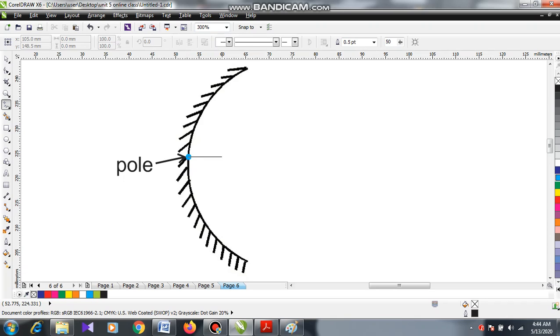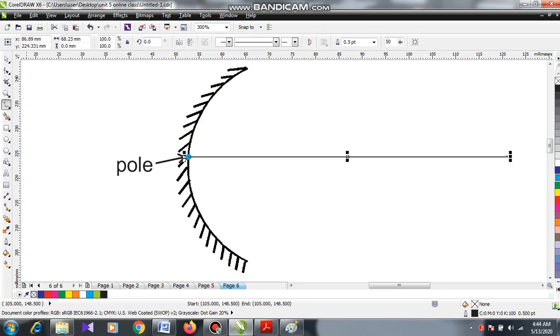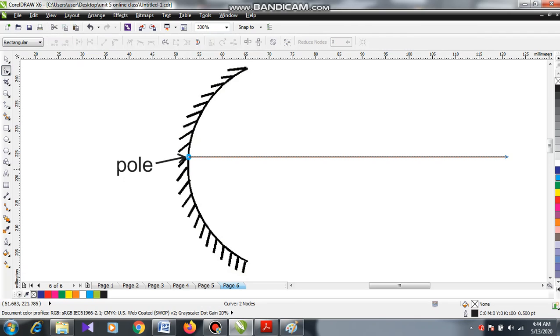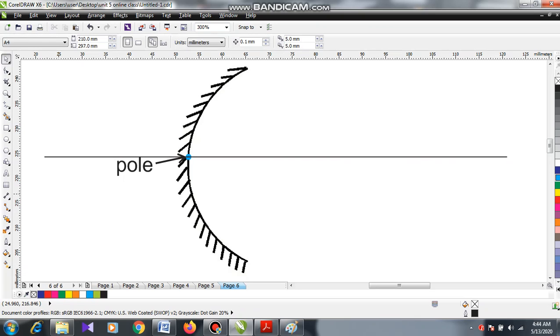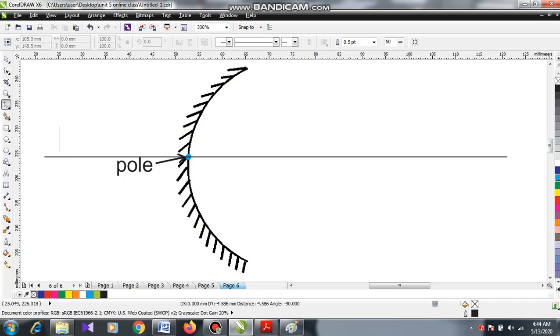Through this center point, if you draw a horizontal line, you can extend it on both sides. This horizontal line that you draw through this pole is the principal axis.